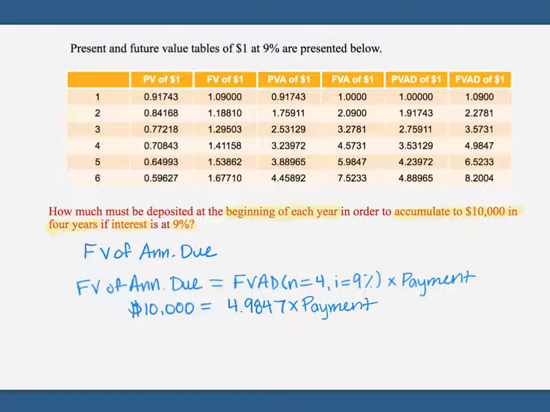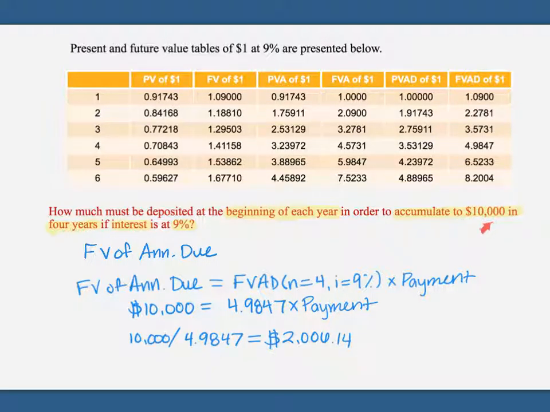So some basic problem solving here. We're going to divide the 10,000 by the factor, and that will tell us what our deposit needs to be at the beginning of each year. So doing that, you get $2,006.14 for our deposit at the beginning of each year, and doing that for 4 years will get us this future amount of $10,000.